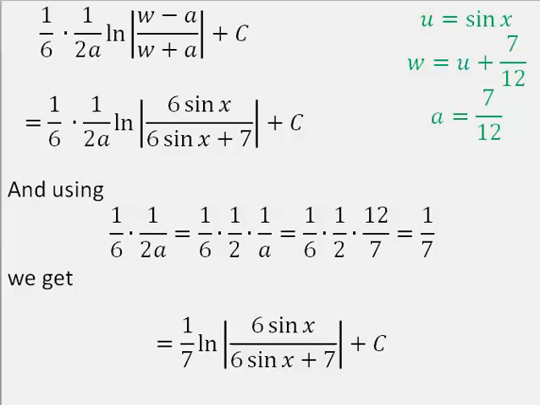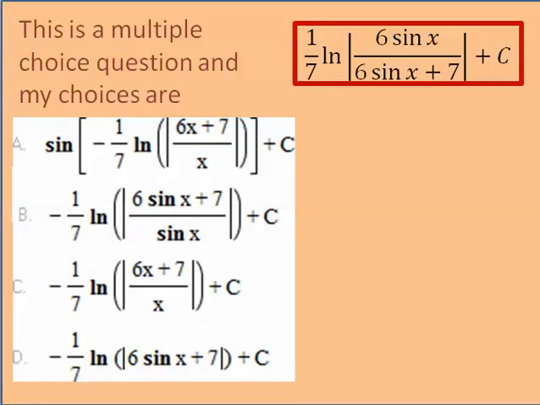So I'm ready to go look at the choices given me by my math lab. This particular problem was a multiple choice question. It doesn't look like mine is any of the ones given, and perhaps I got the problem wrong. But hold the phone. Let's look at possibility B. See how B has that negative out in front?